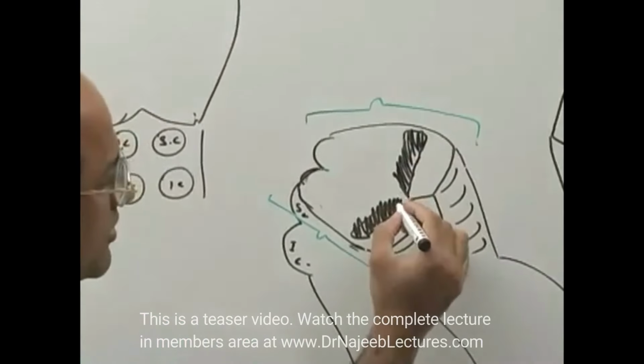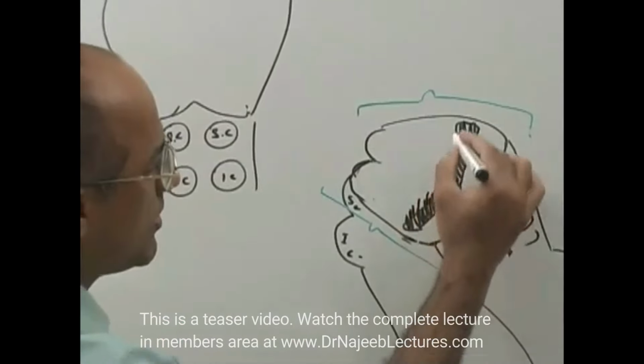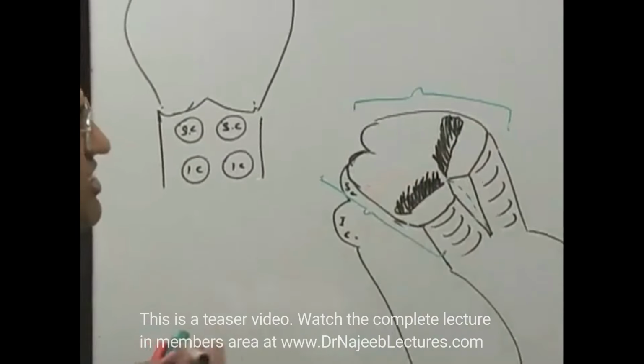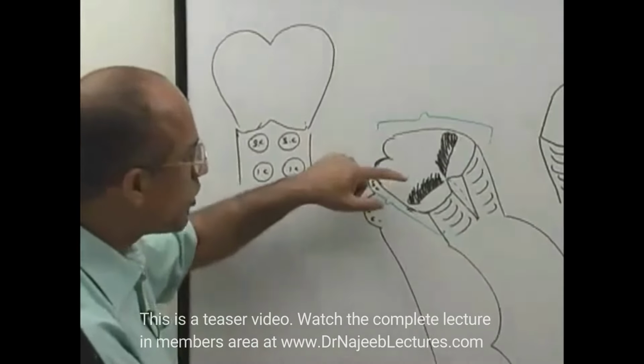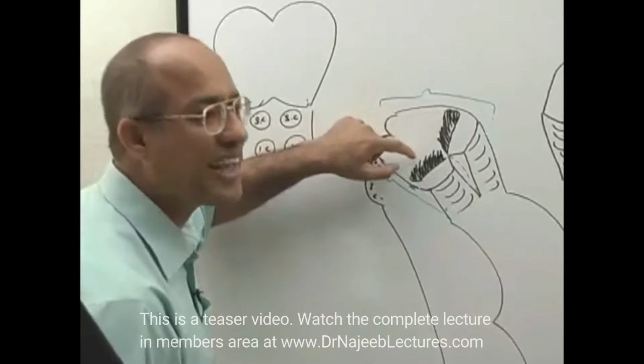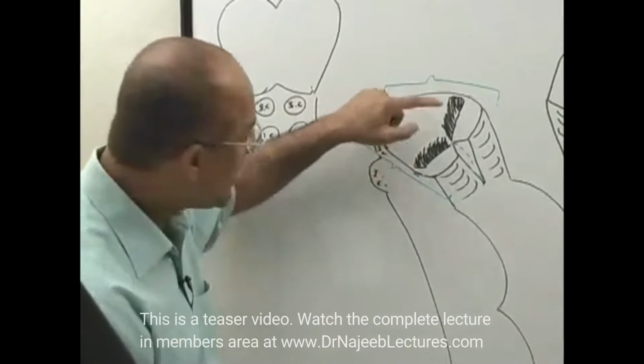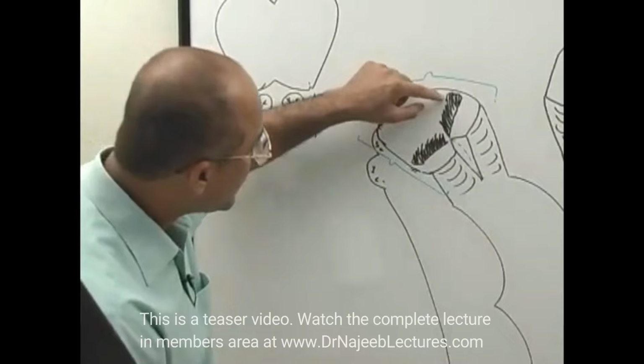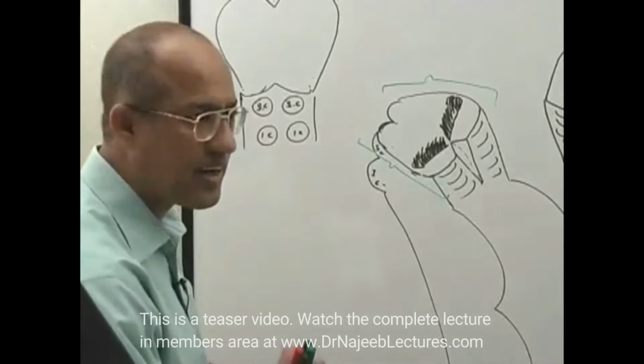Who can tell me what these structures are? This is a substance, and this substance looks which colored? Black. So substantia nigra. Substantia nigra. So in the midbrain, here is a structure called substantia nigra.